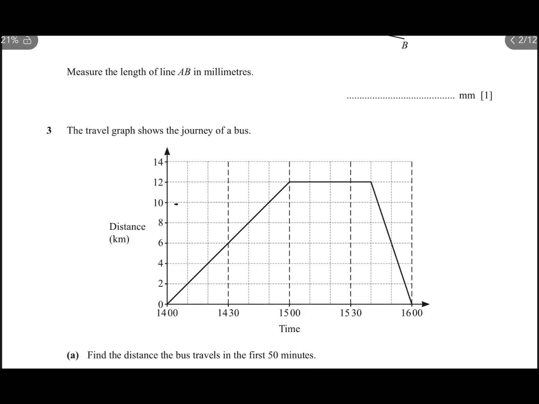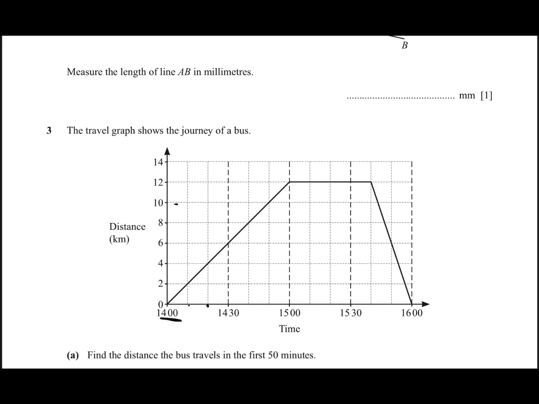Alright, question 3. The graph shows the journey of a bus. Find the distance the bus traveled in the first 50 minutes. This is 14:00, or 2 p.m., to 2:50. If you notice, each step on the x-axis is 10 minutes.